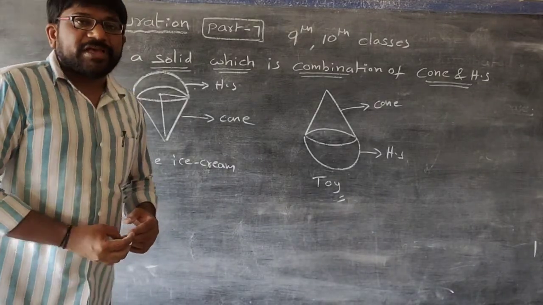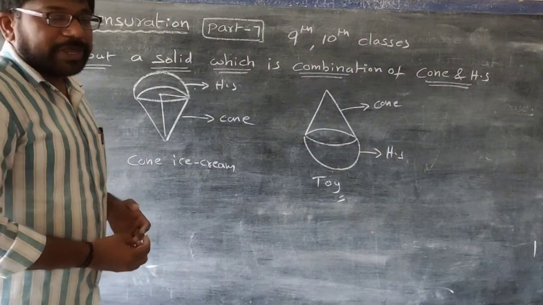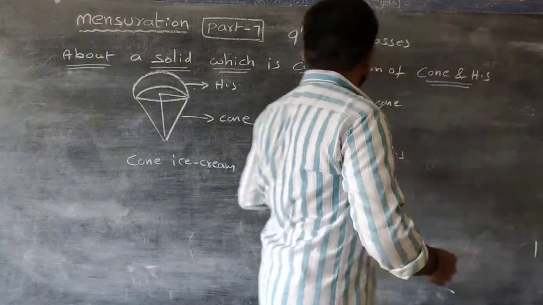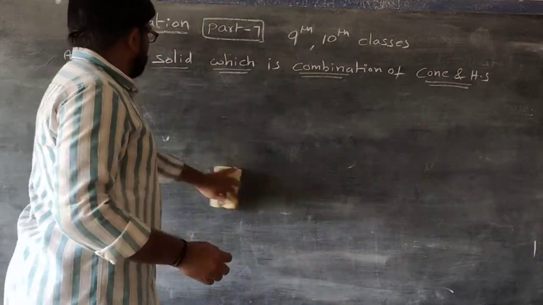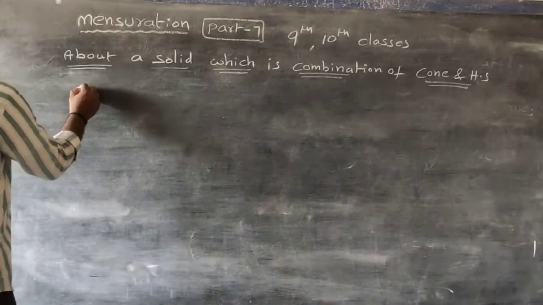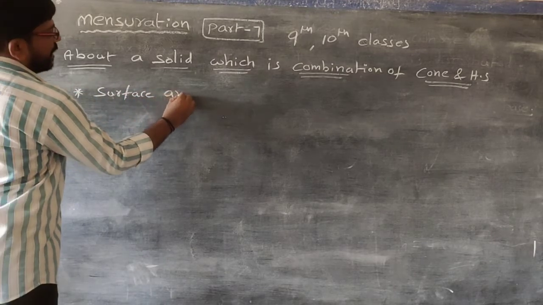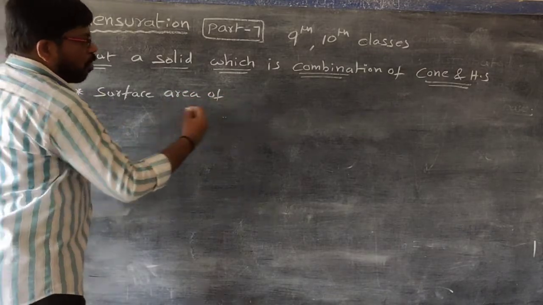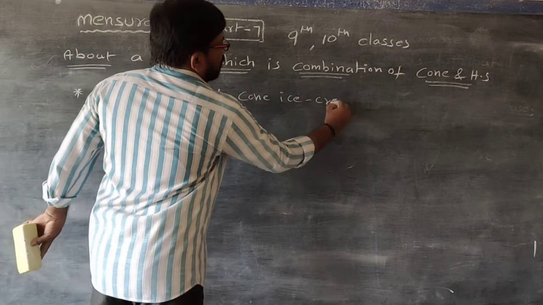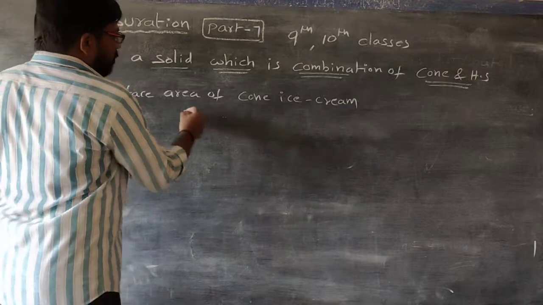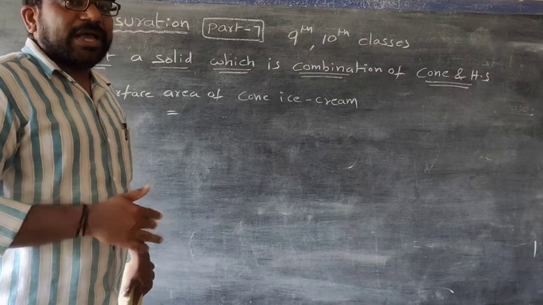So what is the surface area and what is the volume? Observe carefully. Surface area of the cone ice cream is the combination of cone and hemisphere.